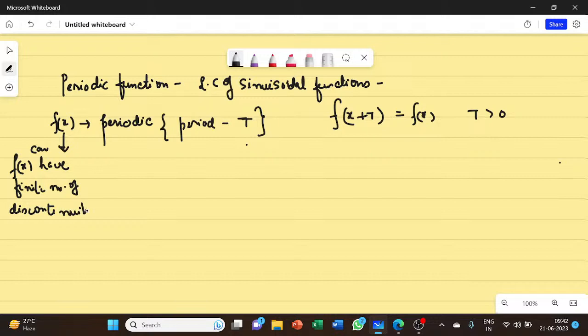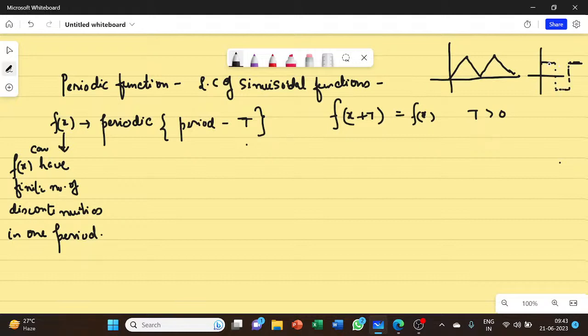So for those functions also you can write the Fourier series representation. If you remember your sawtooth wave, it is clearly discontinuous. You can see that the function is discontinuous. Let's say, for example, the square wave.